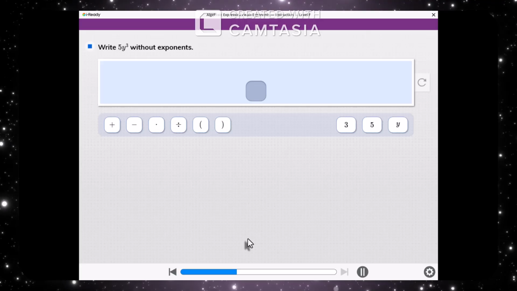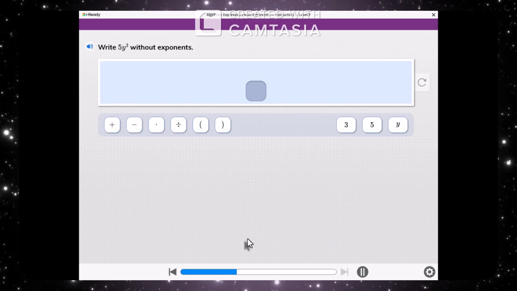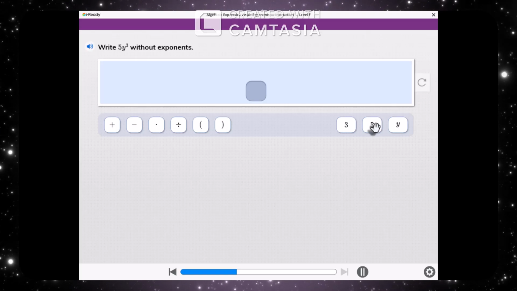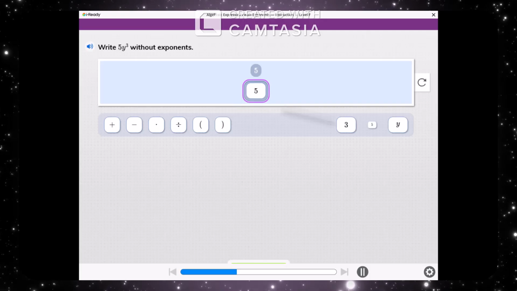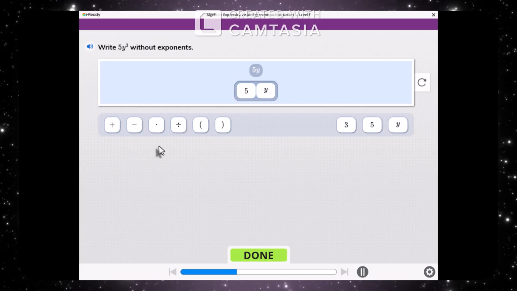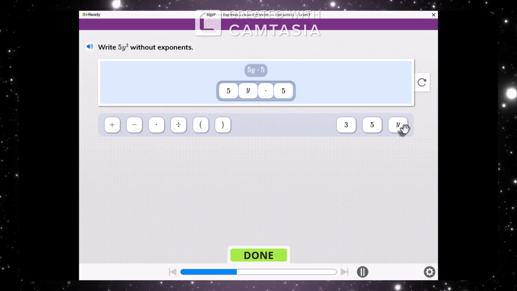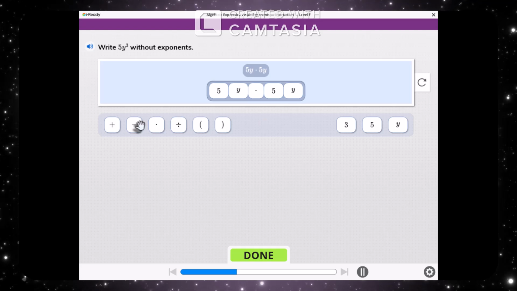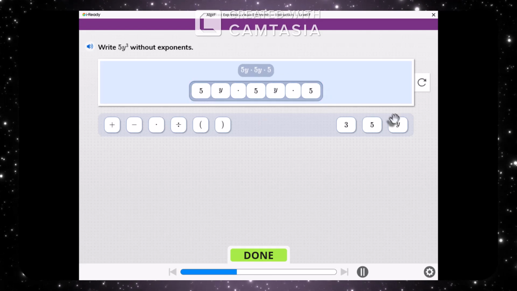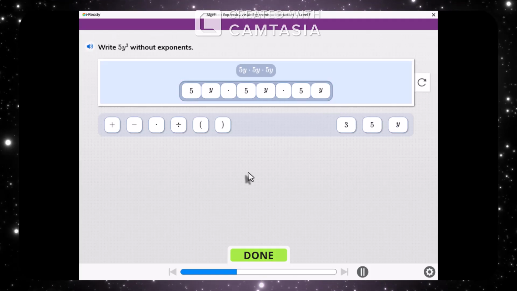Write 5y cubed without exponents. So it's going to be 5y times 5y times 5y.